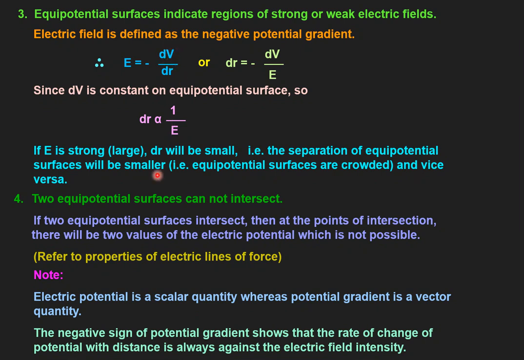That's why the negative sign of potential gradient shows that the rate of change of potential with distance is always against the electric field intensity. That is, along the direction of electric field, potential will decrease. So that is the meaning of this negative sign. Okay, dear students, thank you.